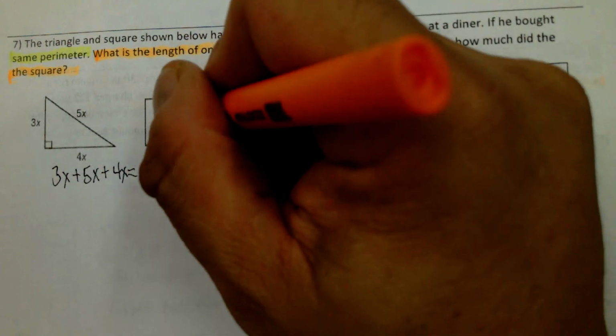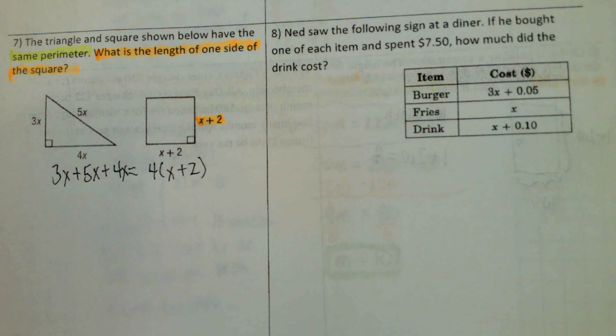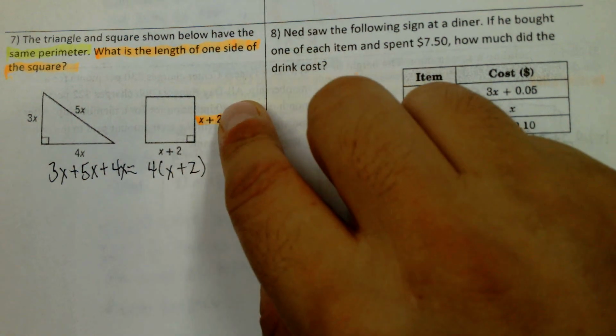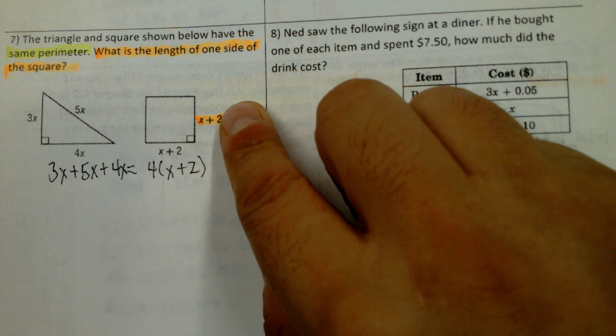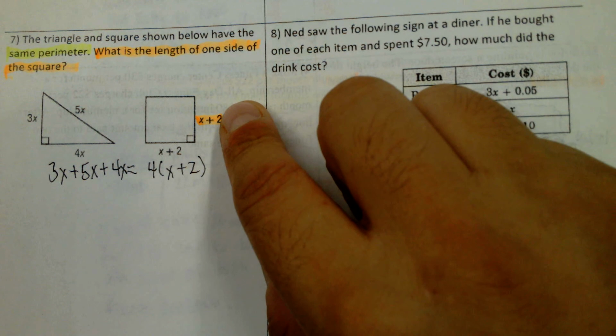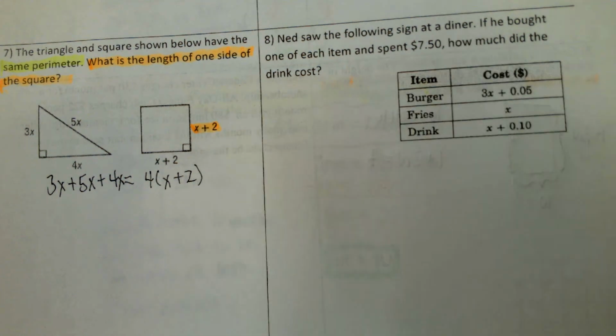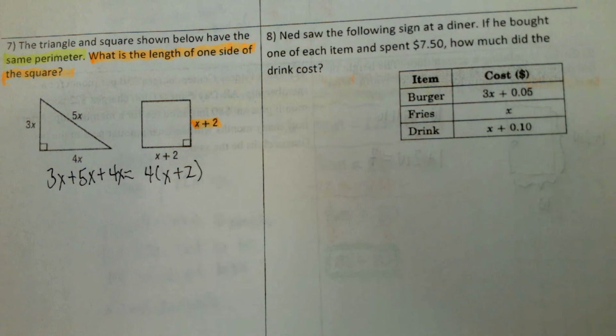So in other words, they're asking us to find this, x plus 2. So you would solve this, find x. X could be whatever. Say x is 7. Well, 7 plus 2 is 9. So then if x was 7, we would say the length of one side of the square is 9, because you have to add 2 to it. Because that's how long the square is. Okay?